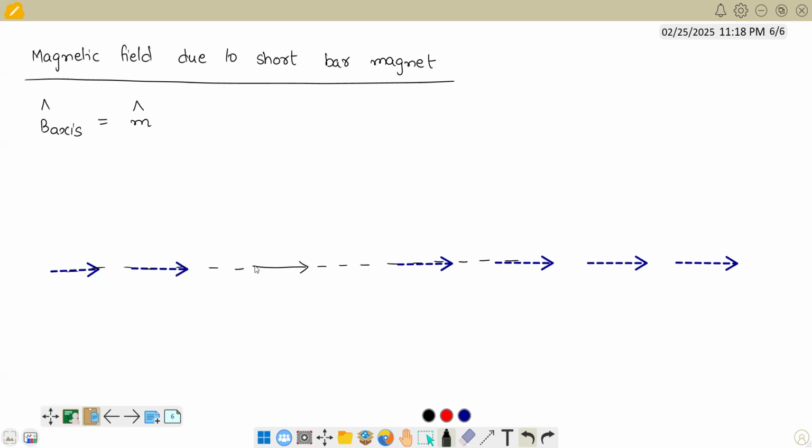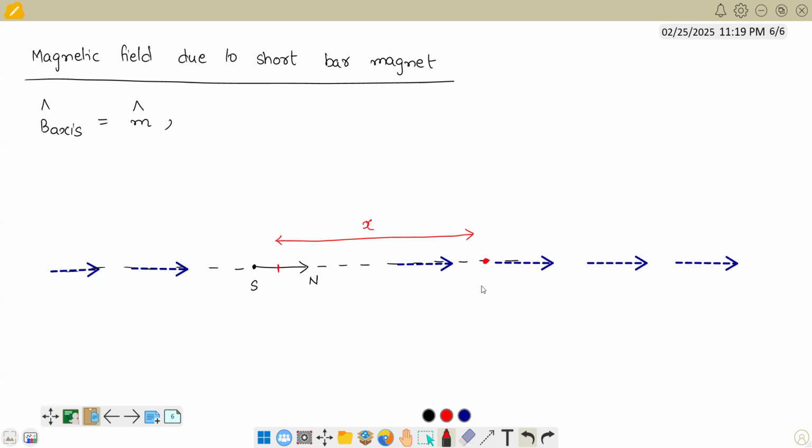What is the magnetic dipole moment? It is simply, take the south pole and north pole and you just connect them. That's the direction of the magnetic dipole moment. Then what is the magnitude of this? For magnitude, we measure from the center of the magnet. From the center of the magnet, let us say at a distance x, you want the magnetic field here.